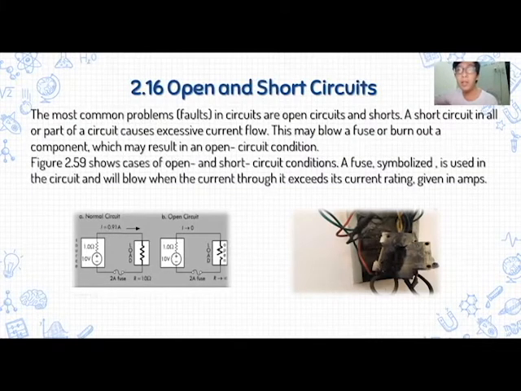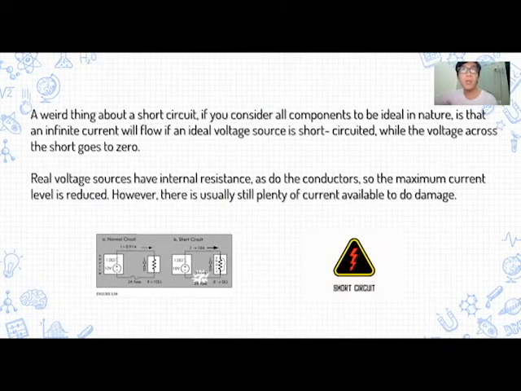This means that zero current can flow between the two terminals at any voltage difference. The real voltage source has an internal resistance and conductor resistance, so the maximum current flow is reduced. However, there is usually plenty of current available to cause damage.